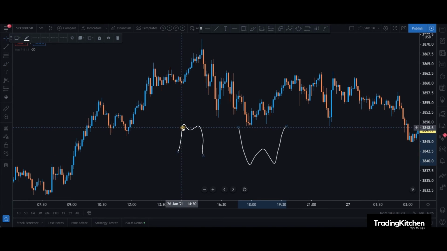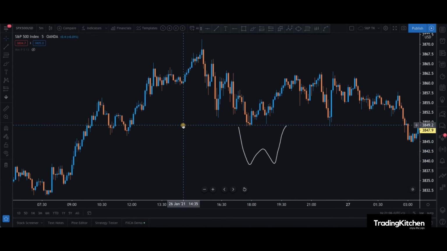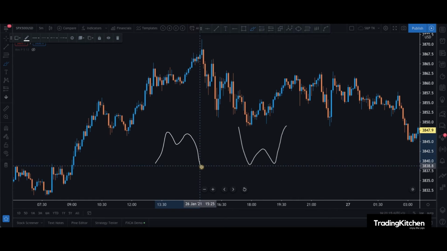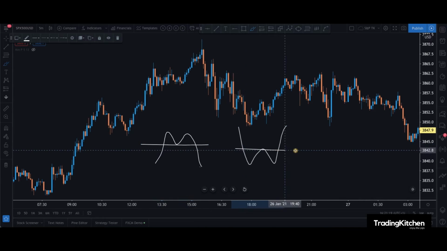Let me draw the M better. Uptrend, then we have here a double top and price goes down. This is a neckline.